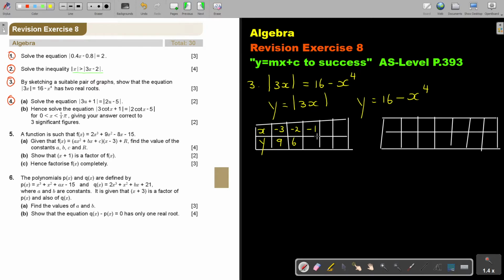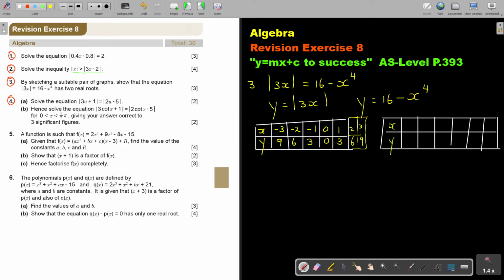Then it's -1, so it's going to become 3. And then it's 0, 0. Now I made it a bit long. As I said, you can extend it or make it shorter. So if I put 1, this is going to be 3, 2 gives 6, and 3 gives 9.